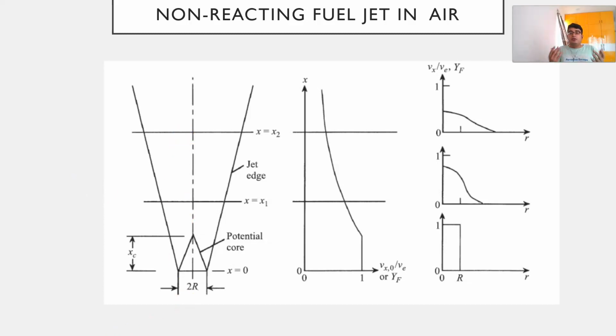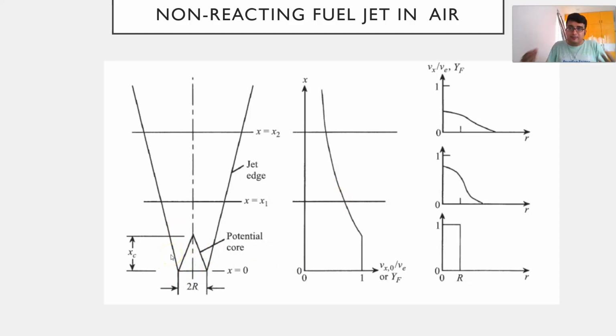Okay, so physically what this means is, as the fuel comes out, its edges begin to mix with air, and this process is what is called an entrainment process. That is, air is getting mixed on the outer edge of this jet of fuel that is coming out.